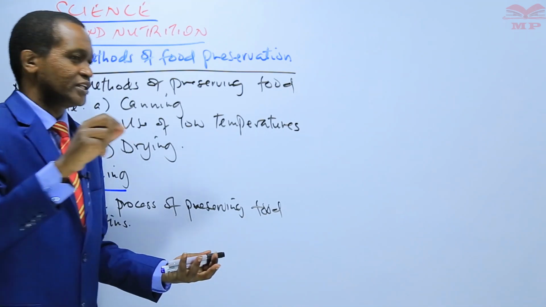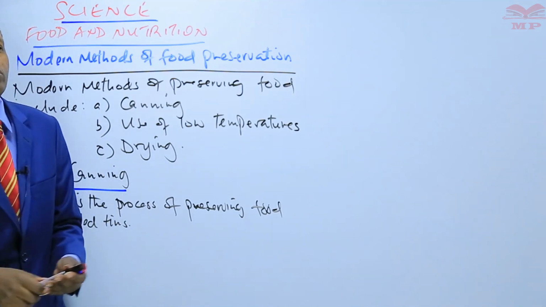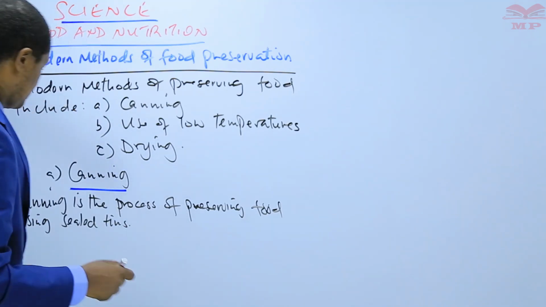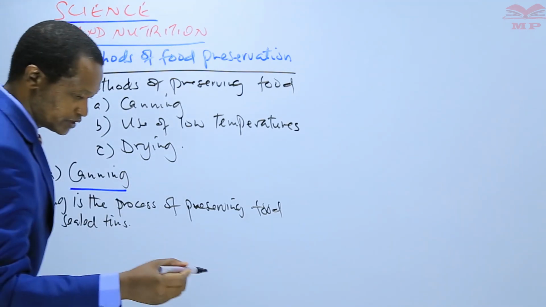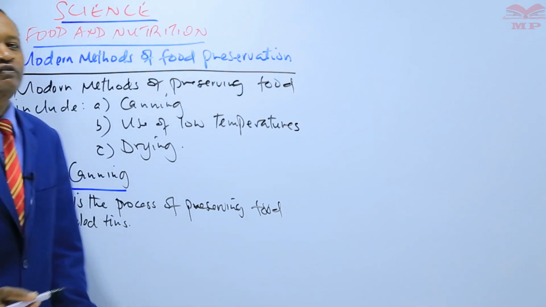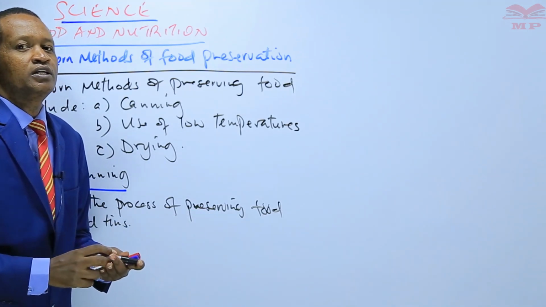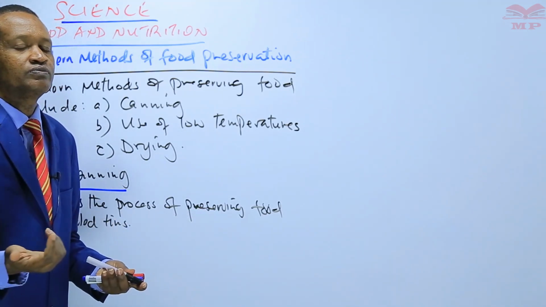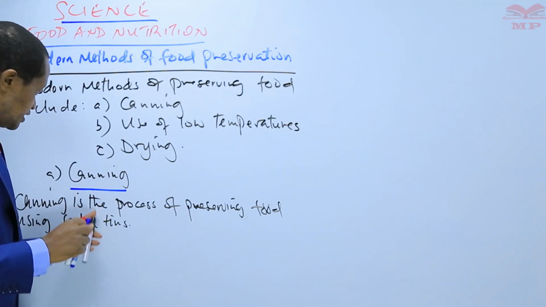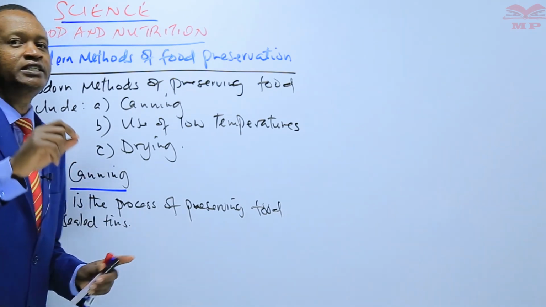And the foods, learners, that are preserved by canning include fruits, meat, fish, vegetables, okay, and so on. So, learners, canning is the process of preserving food using sealed tins.